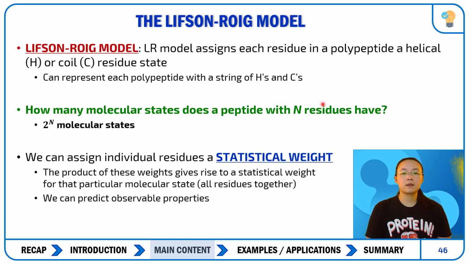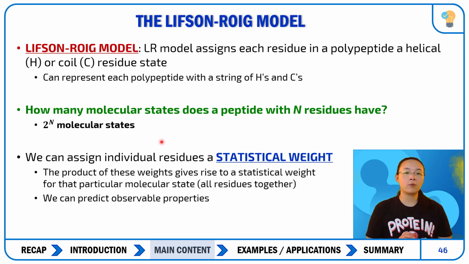So what we're going to do with the statistical model is we're basically going to assign each residue in a polypeptide a helical or coil state. So it's a 1D sequence model, and that means we assume the total number of possible states in an N-mer with N residues will have 2 to the N molecular states that are possible.